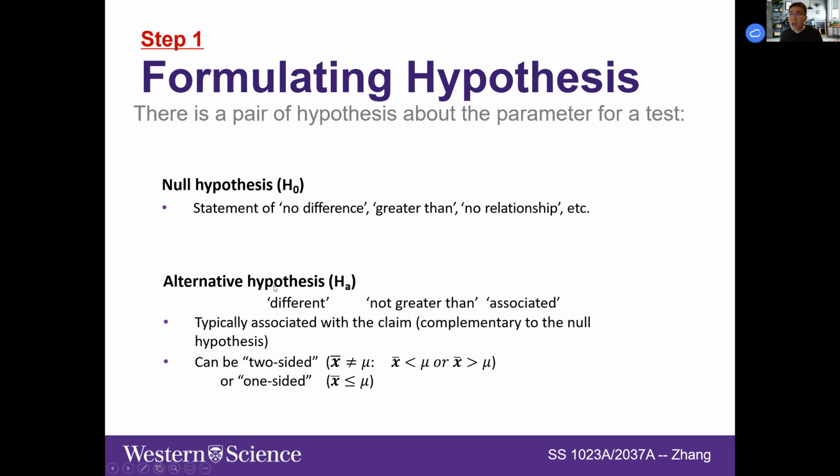As you can imagine, for the null hypothesis, there could be different ways to formulate it based on our research question. Like in our example, we are looking at whether our sample mean is different from the population mean or not, so we formulate the null hypothesis as there being no difference at all. Sometimes we might be interested in whether our sample mean is greater than our population mean or not, and in that case our null hypothesis will be modified accordingly.